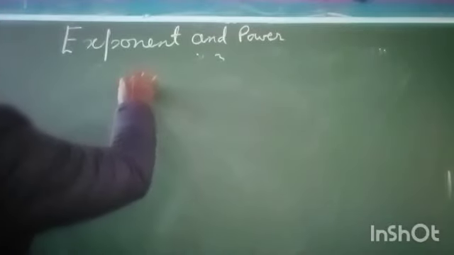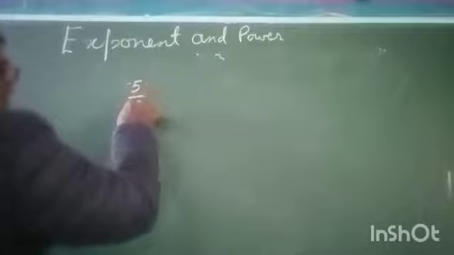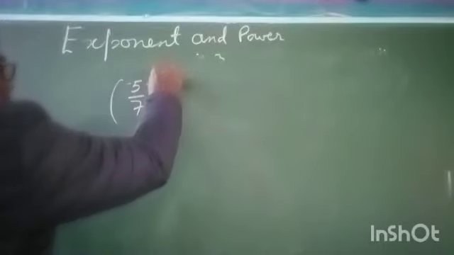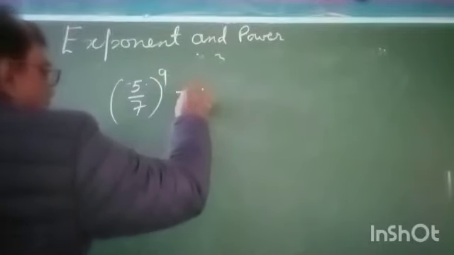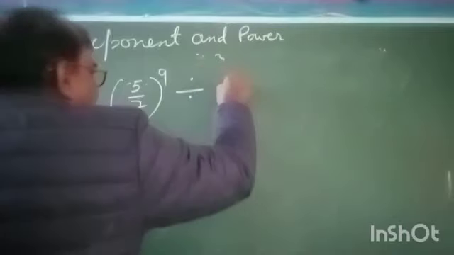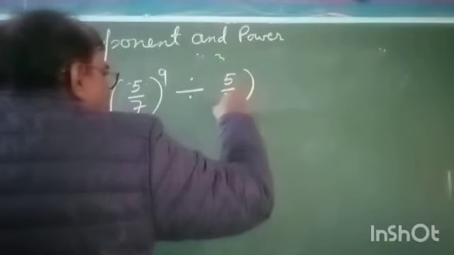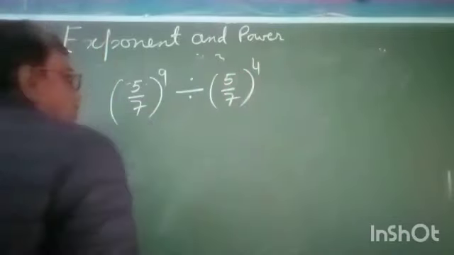The question is (5/7) whole to the power 9 divided by (5/7) whole to the power 4.